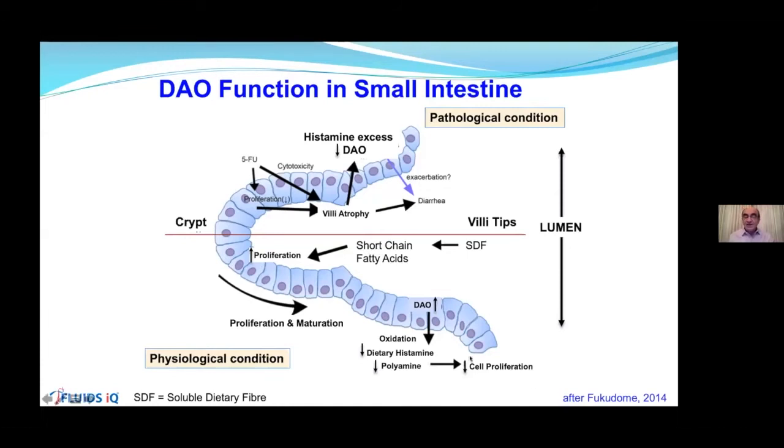So as you are getting increases in DAO, what it is able to do quite well is to decrease dietary histamine. That's its main job, to destroy excess histamine so that you don't end up with the problems of too much histamine. But when you have a problem in a pathological condition, which I'm not going to discuss in detail here, and there is not enough DAO being produced, that allows histamine to increase.